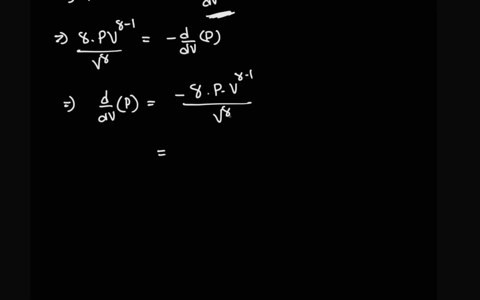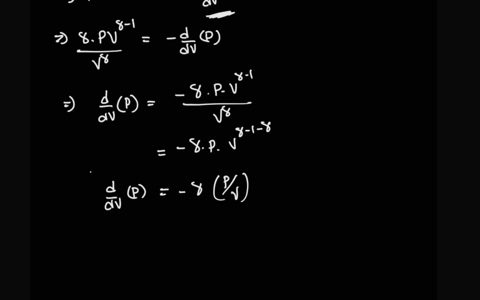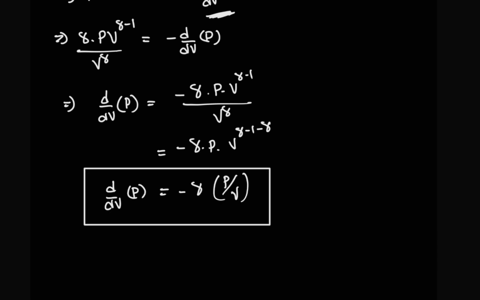And if we pull the gamma out in the numerator, we have that this is basically minus gamma P over V. And here you go. This is the slope of an adiabatic curve.